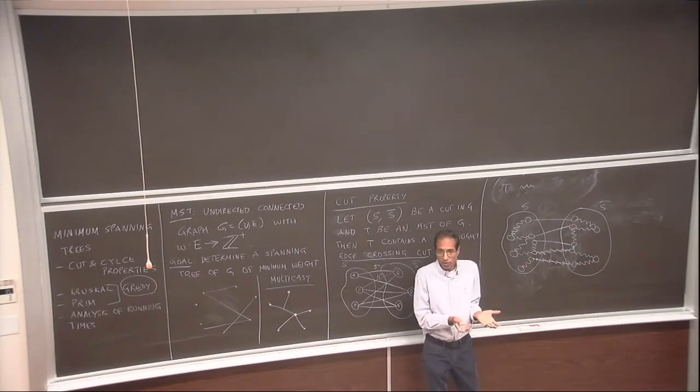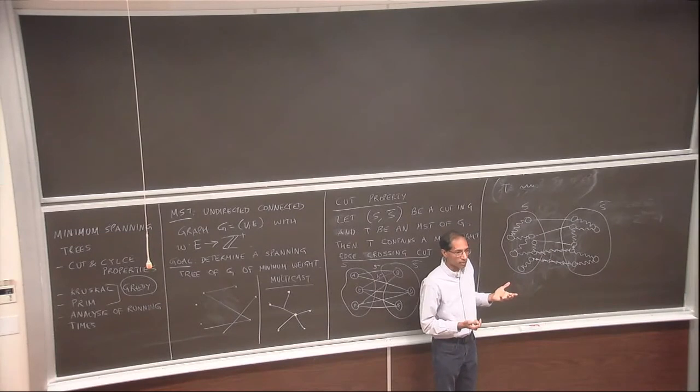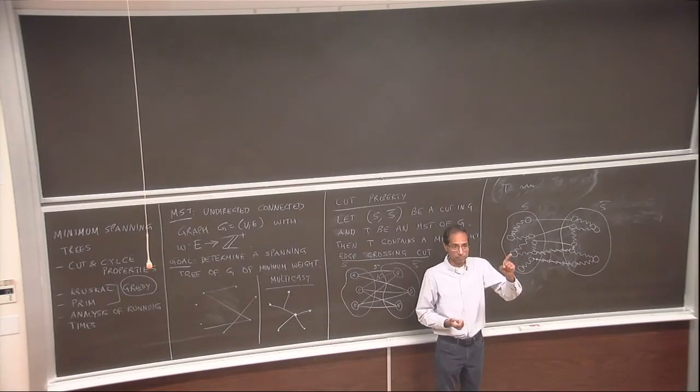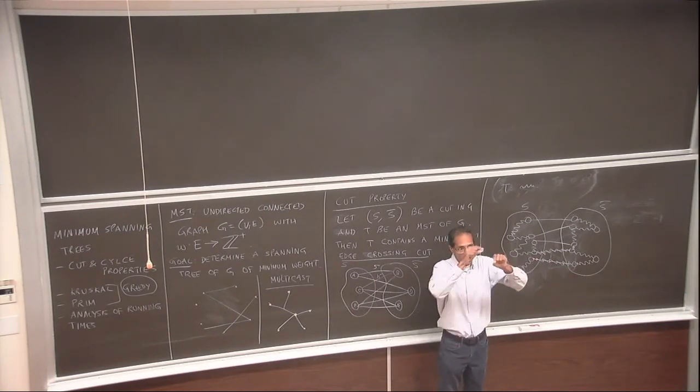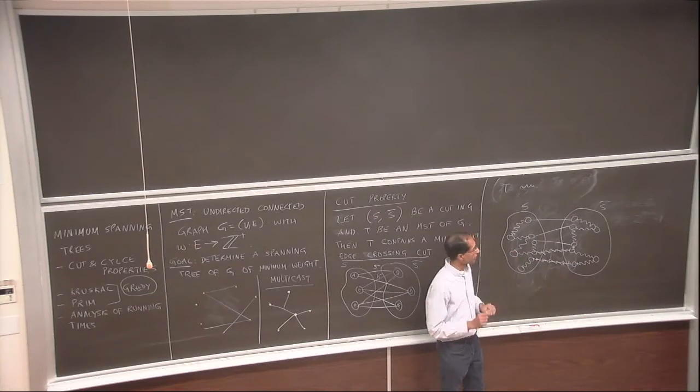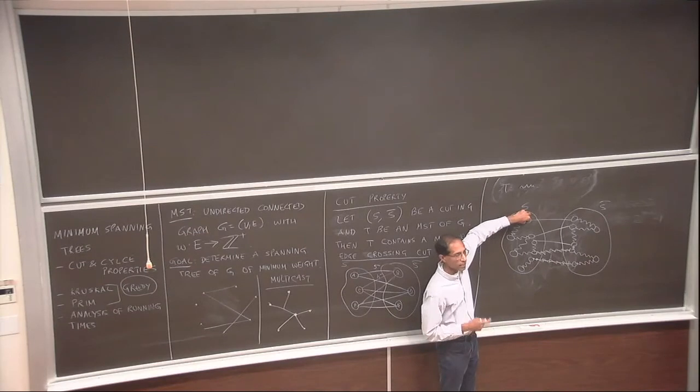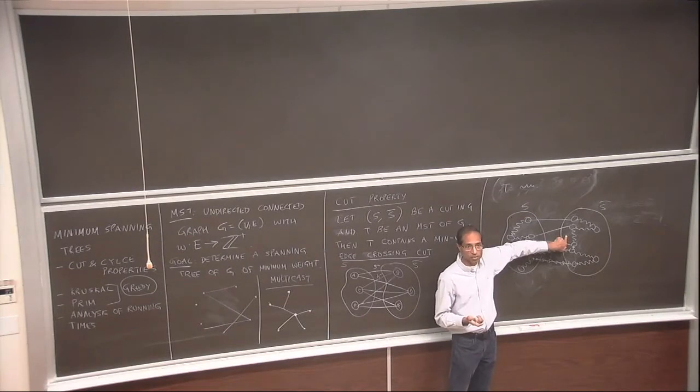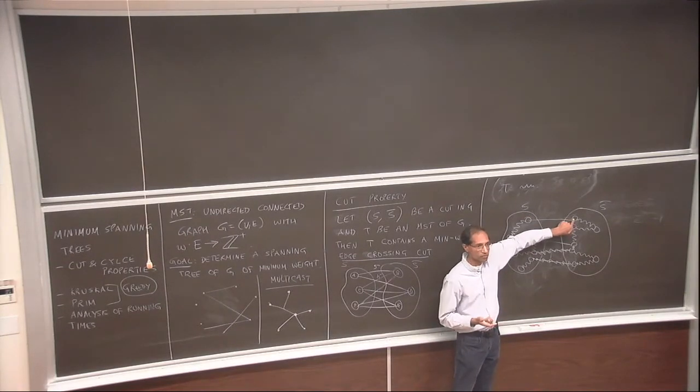Well, suppose it's supposed to have a path, so let's follow that path. And in fact, T has a unique path. You agree? The tree only has one path between 2 vertices. So let's follow that path. It starts from here, and we keep following the path until the first time it crosses to the other side, and it has to cross to the other side because you have to eventually reach here.